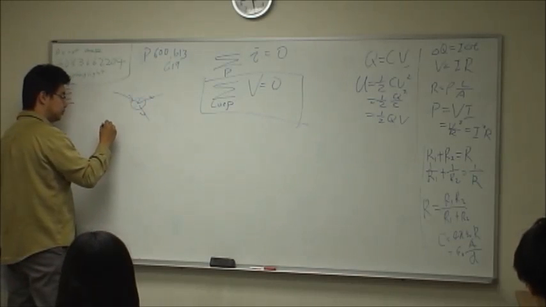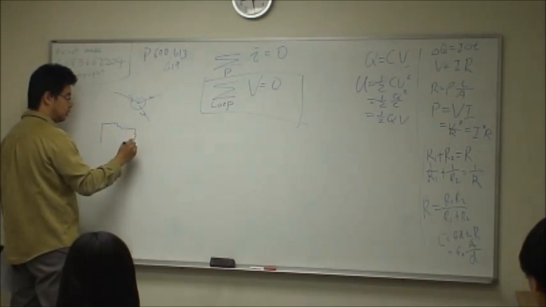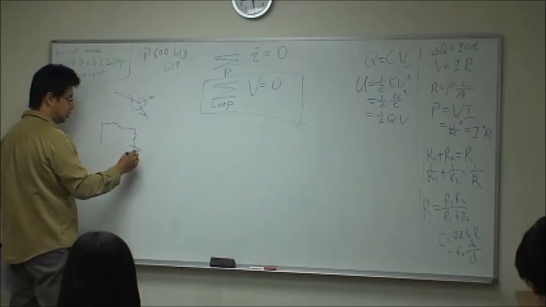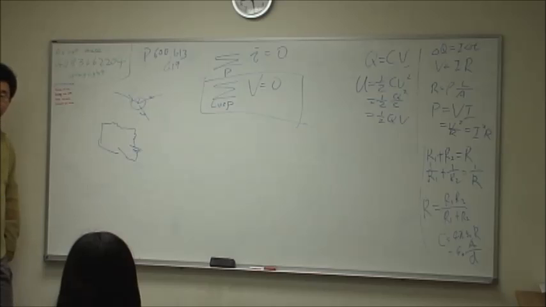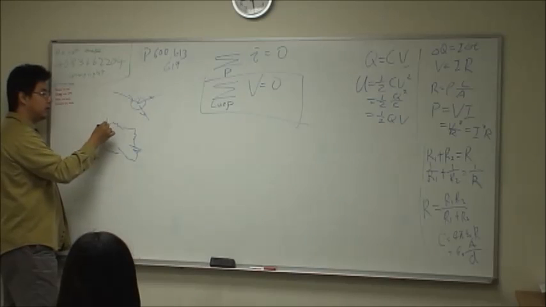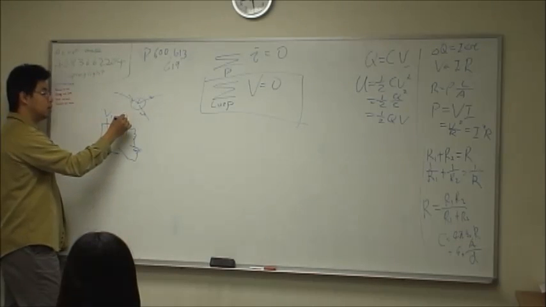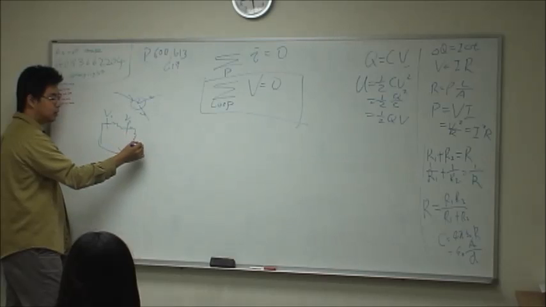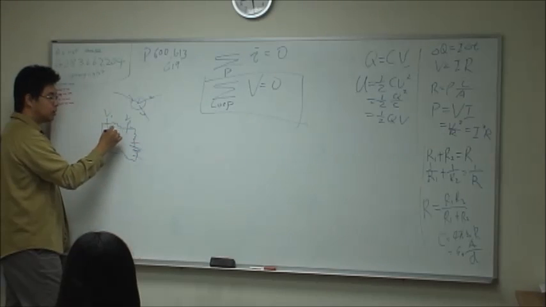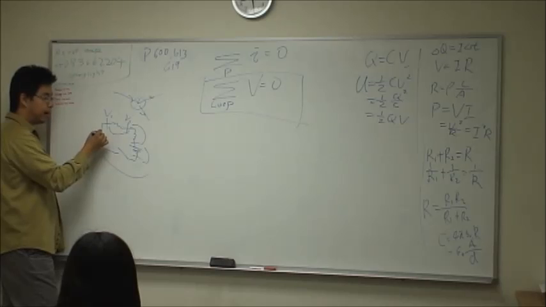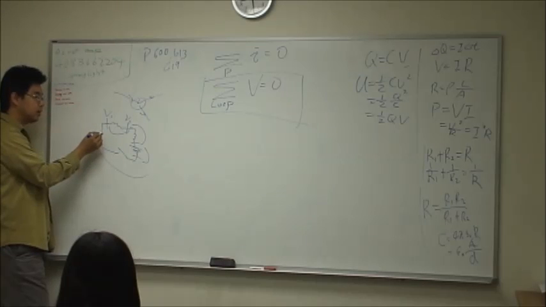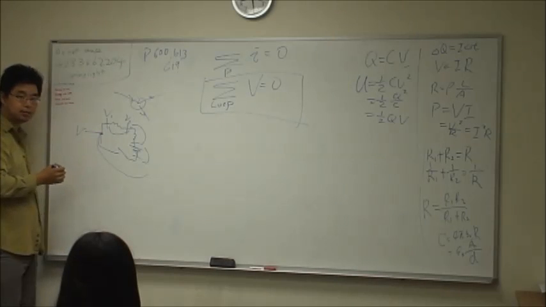In the second case, it doesn't matter what I have. If I calculate the voltage drop from here to here, and from here to here, and I sum them up together and come back to the same point, at the same point the voltage will be a constant.